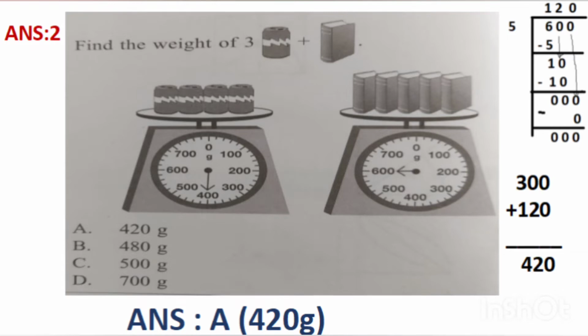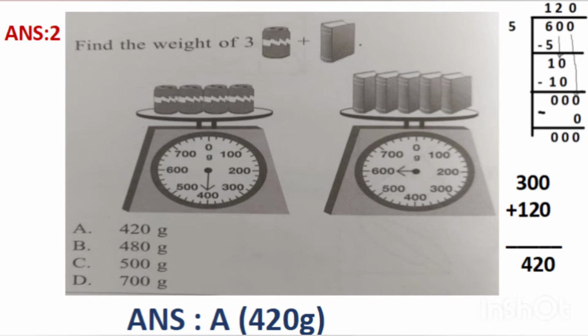So of 4 objects the weight shows 400, that means one object is 100 grams, right? Now you have to find out the weight of 3 objects. So what will be the weight of 3 objects? That will be 100 into 3, 300.